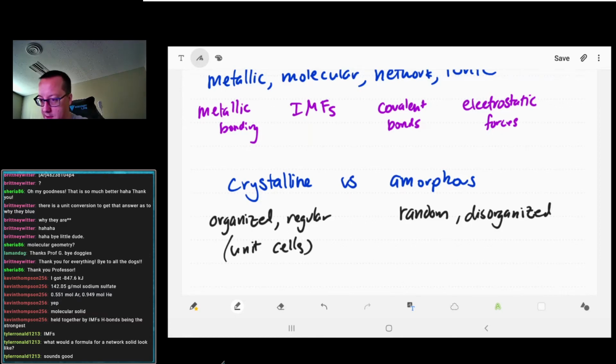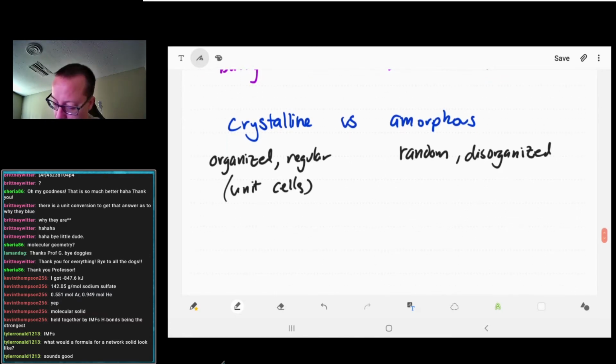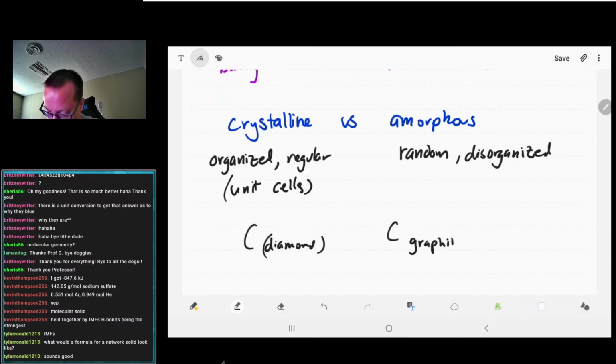So what would network solids look like? Well, here's one. That is a network solid. Here's another one. How would I have given polymers to you?